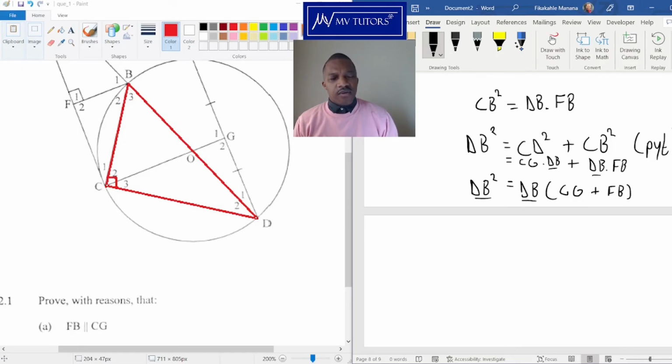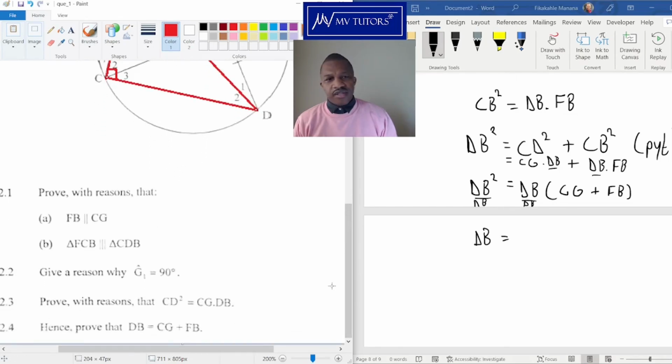It's going to cancel one of that, and we will have DB is equal to, I'm going to write it exactly like they wrote it here, CG plus FB. There we go.